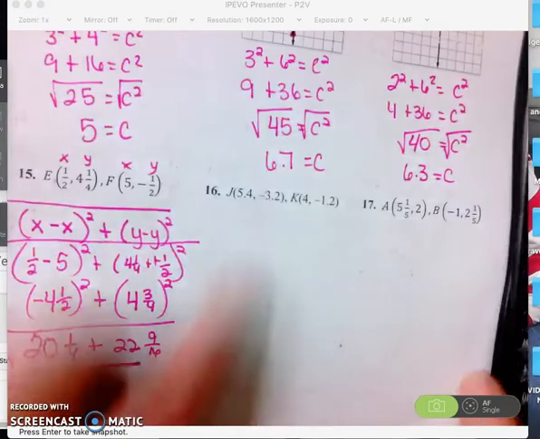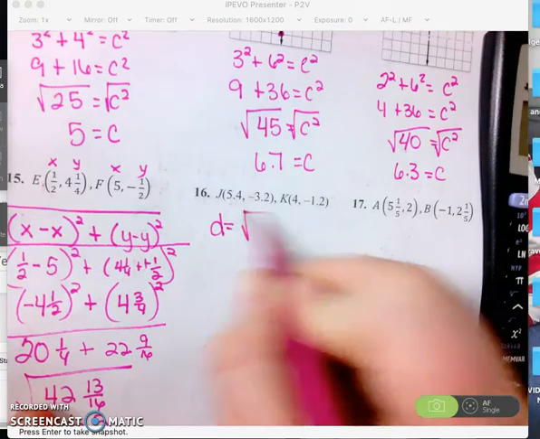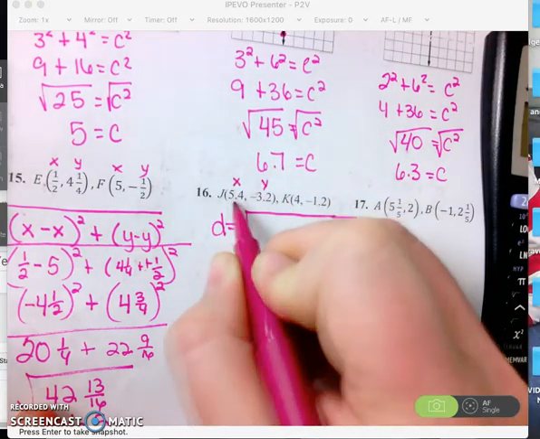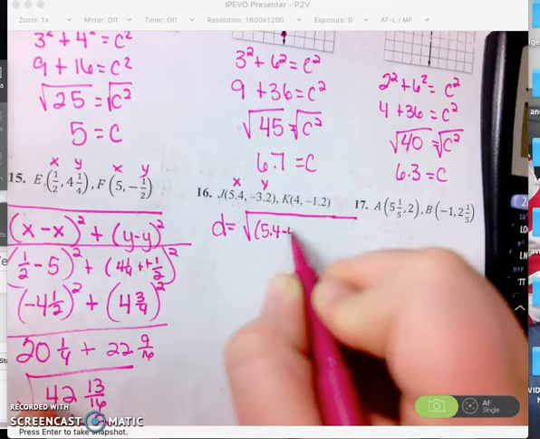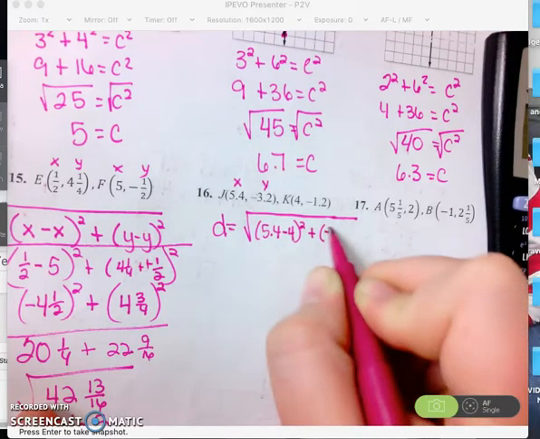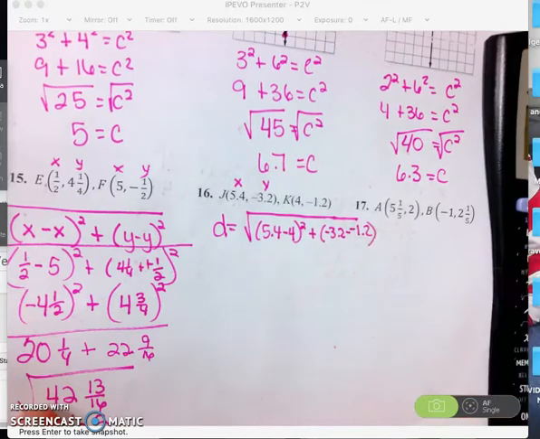Okay, this one, d is equal to, so we're again 5.4 is my x, so 5.4 minus 4, negative 3.2 minus a negative 1.2.